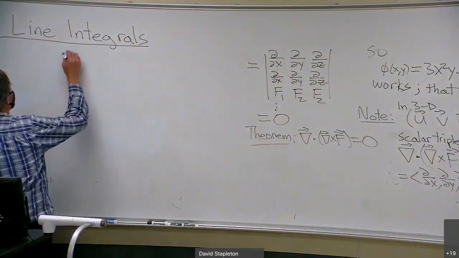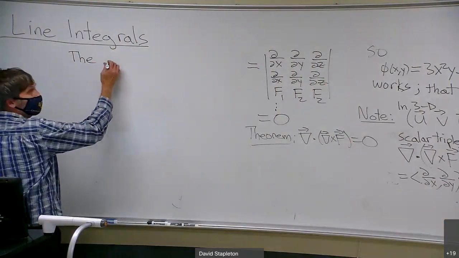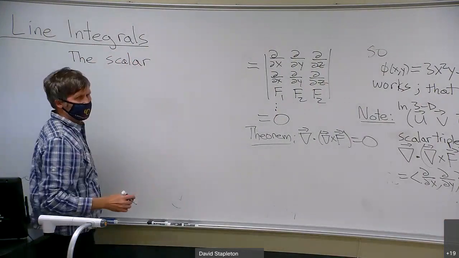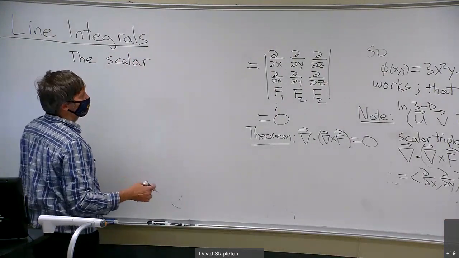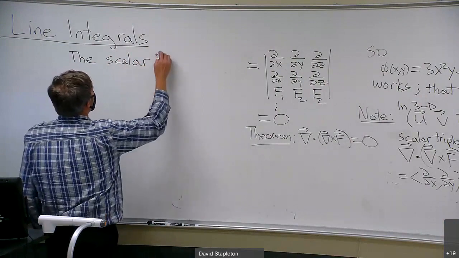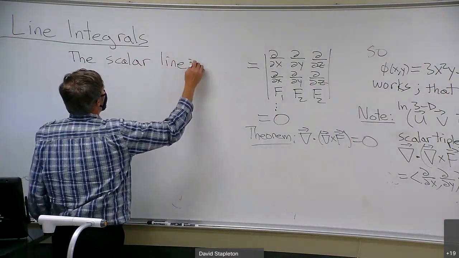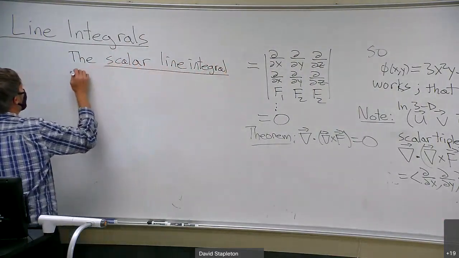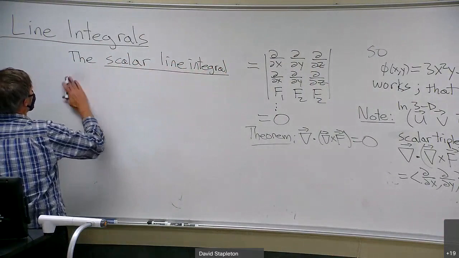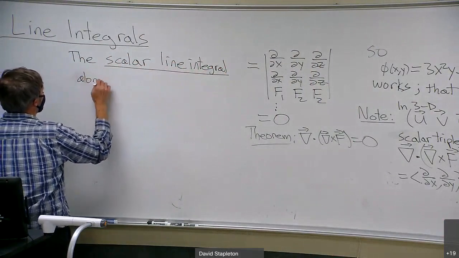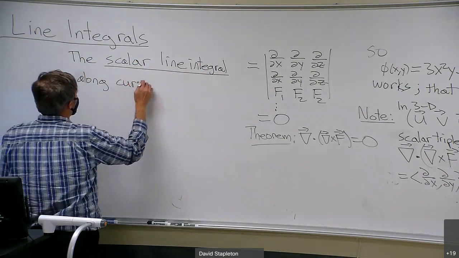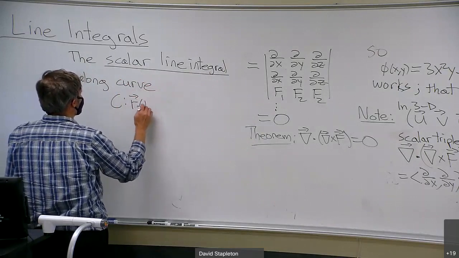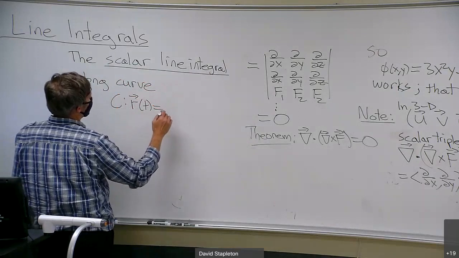Line integrals, the scalar line integral. Why would they call it scalar line integral? Because it's a line integral of a scalar function. It is defined along a curve C given parametrically by some vector valued function r of t. This will be in 2 dimensions here.